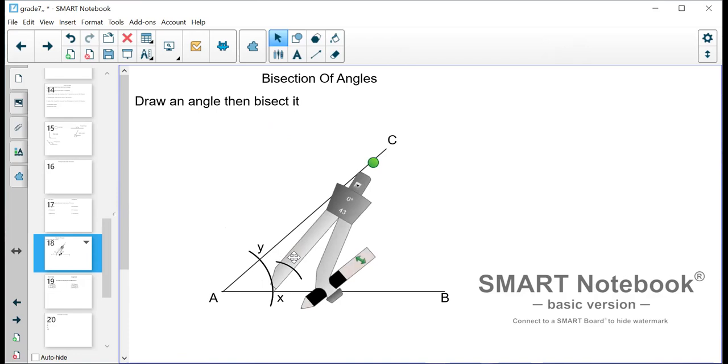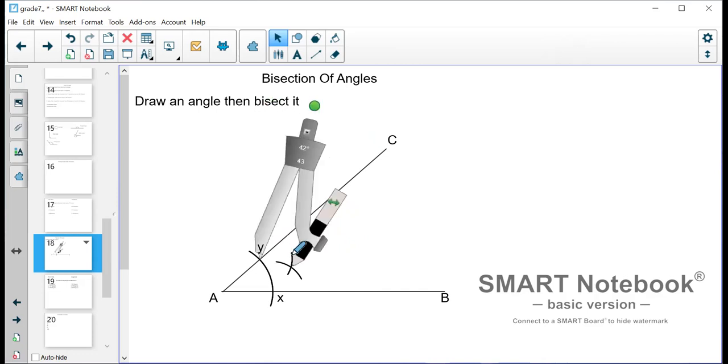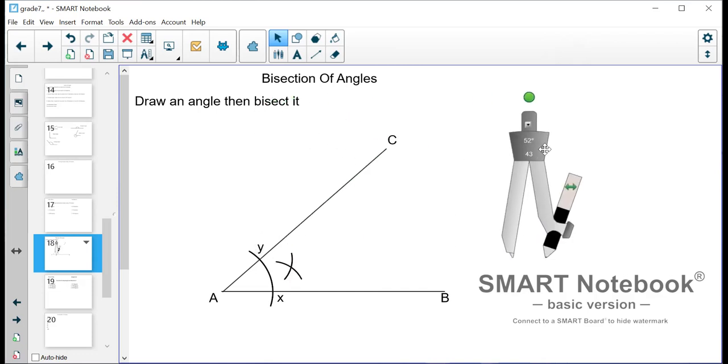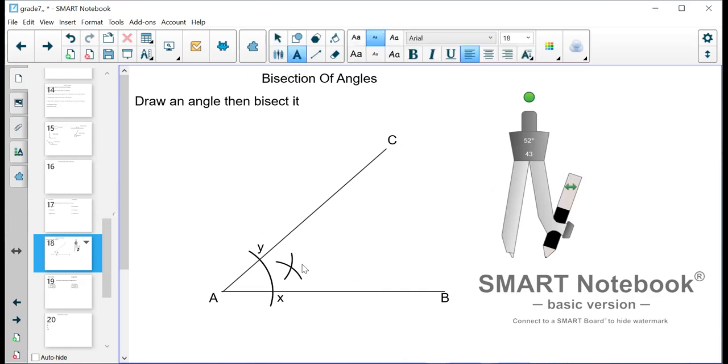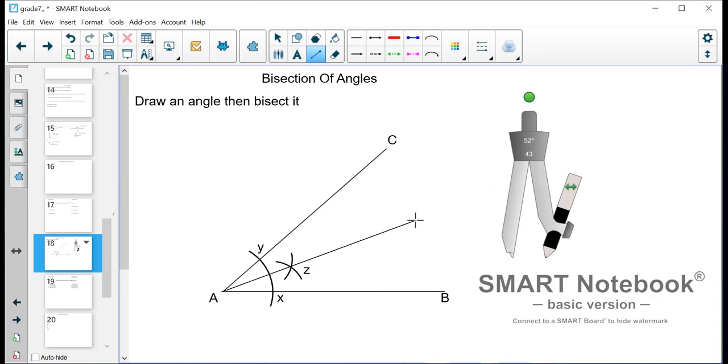Now, when I finish doing that, with the same length, I go to Y, and I intersect that first arc that I scribed. So there I have an arc intersecting, and we can simply label that point of intersection as Z. Then I'll draw a line from the vertex through that intersection, and that would give me the center of that angle.